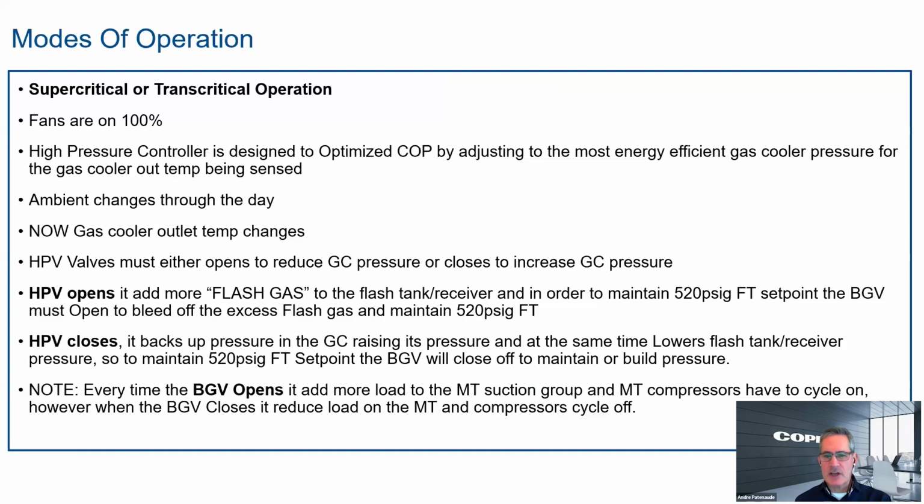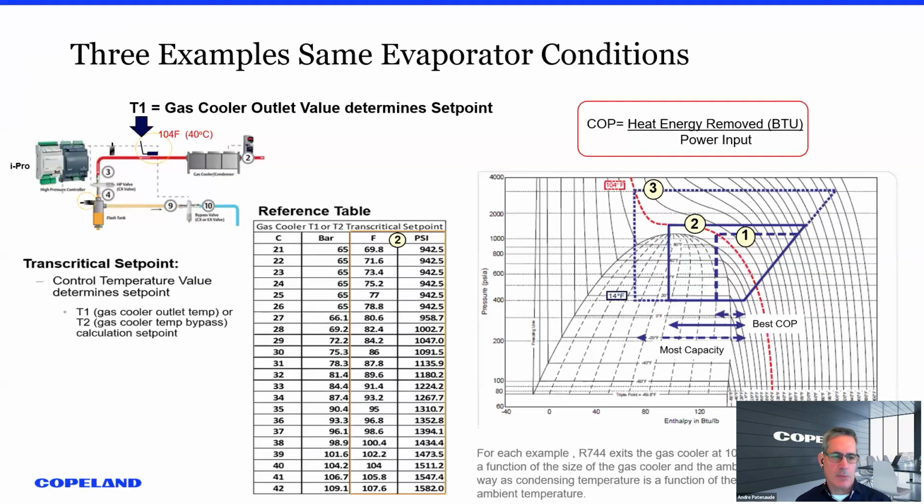So I'm going to jump over this because I talked some about that. I want to talk a little bit about optimized COP. In your transcritical mode, that gas cooler out temperature sensor T1 will try to position itself to point 2 along a specific isotherm at a specific point of pressure. So this table is built into the iPro.